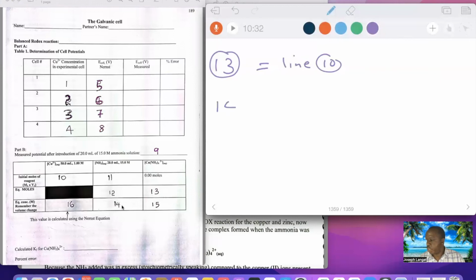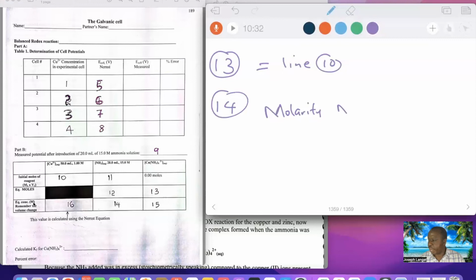For line 14, it is the molarity equation. This is the equilibrium concentration, so molarity of what?